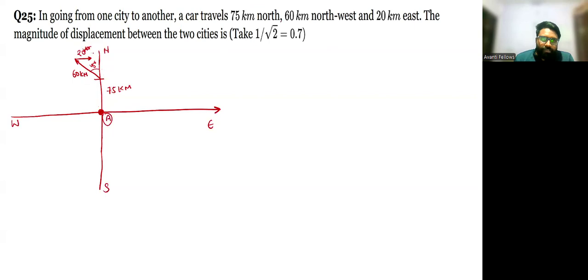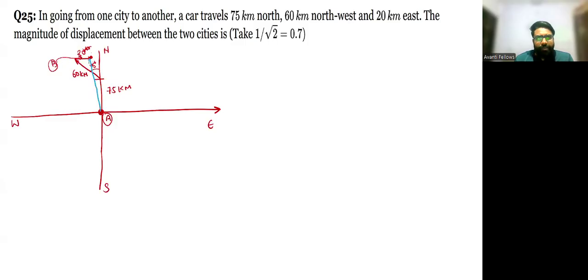So this is the position B, let's say position B of city B. So the actual displacement is this from A to B. Let me use another color. So this is the displacement line.